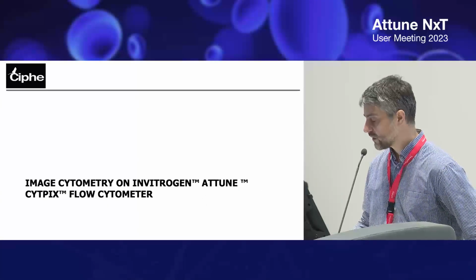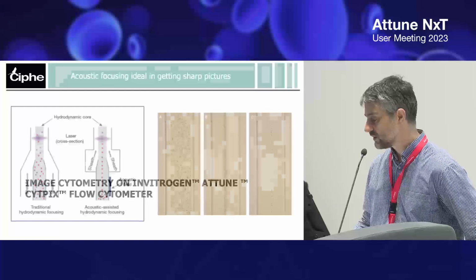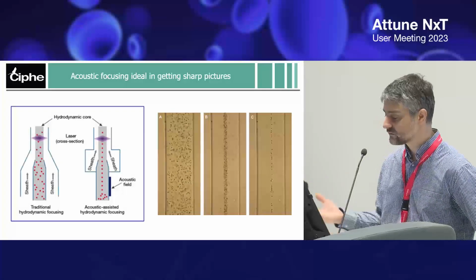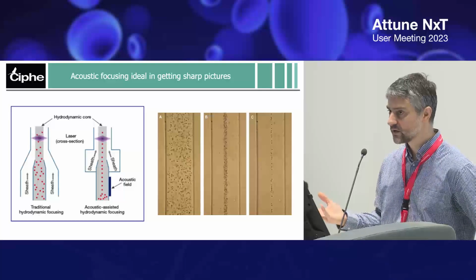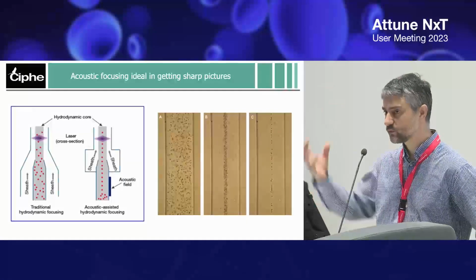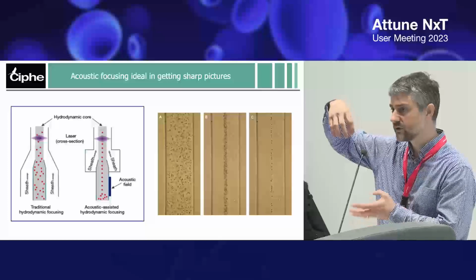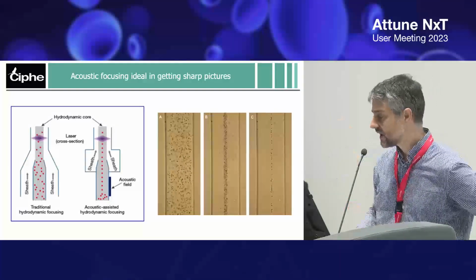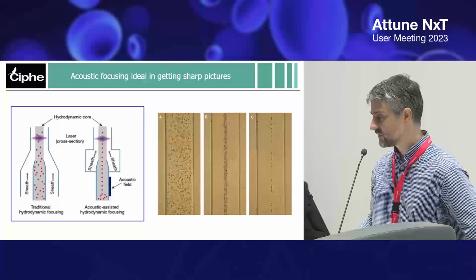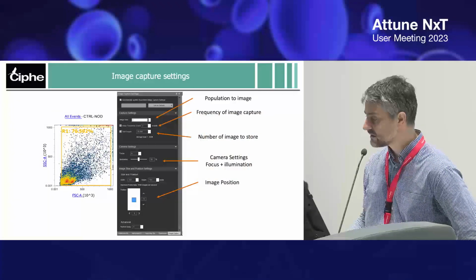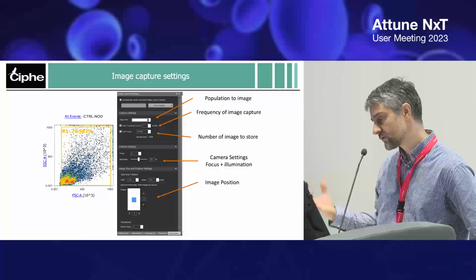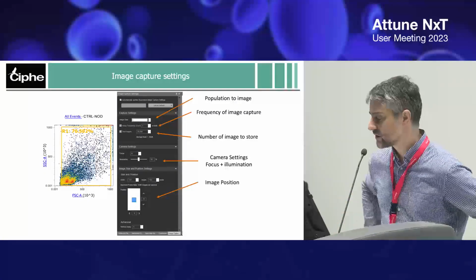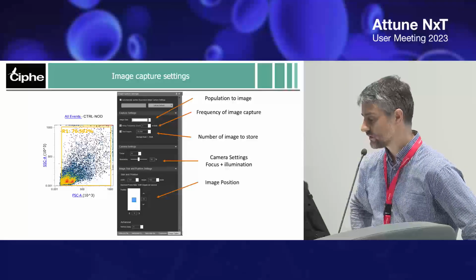So why did we move to this? Well, some technicalities. One important thing is that because of the acoustic focusing, it's not a stupid idea to mount a microscope on this, because it's very sharp and focalized, so it helps in having clear images. And through the software you have some abilities to tune the instrument.